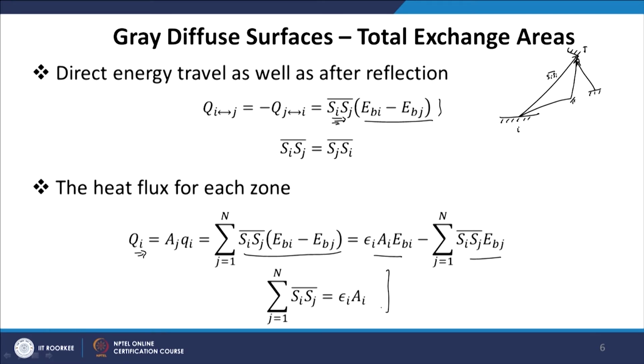So, this is very similar to the concept of direct exchange areas. The only thing is that the reflected radiation is taken into account in the exchange area itself, and we do not have to solve for the matrix again and again.